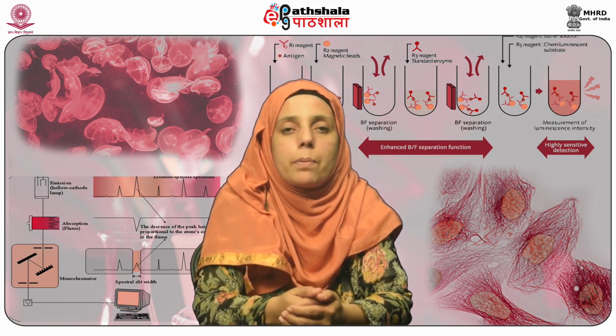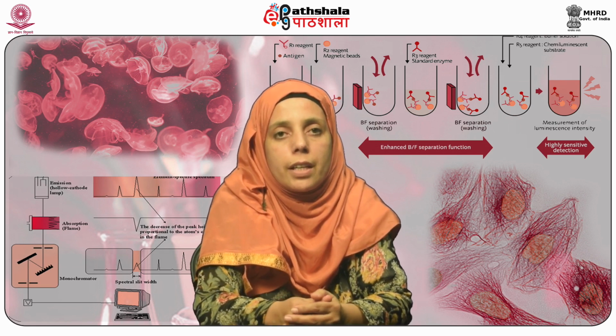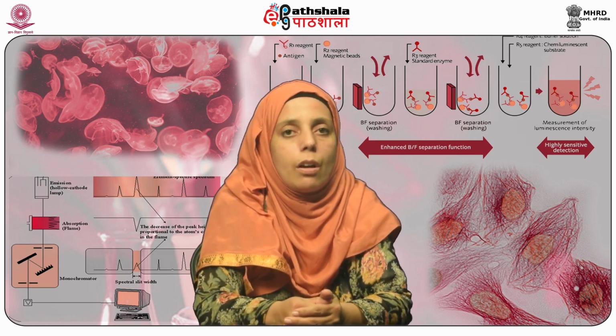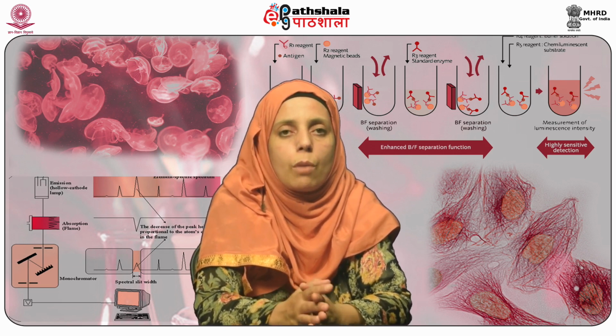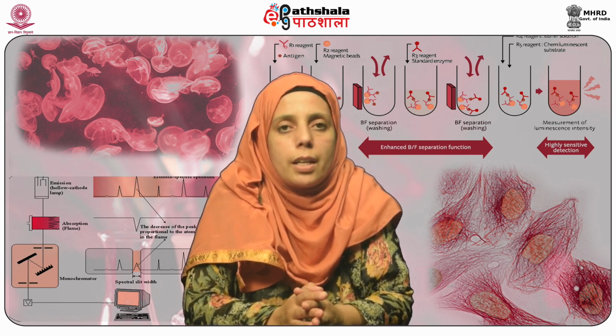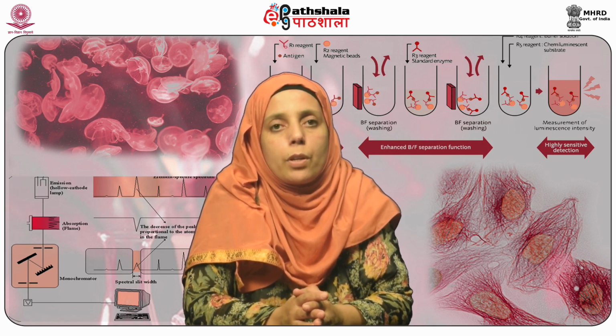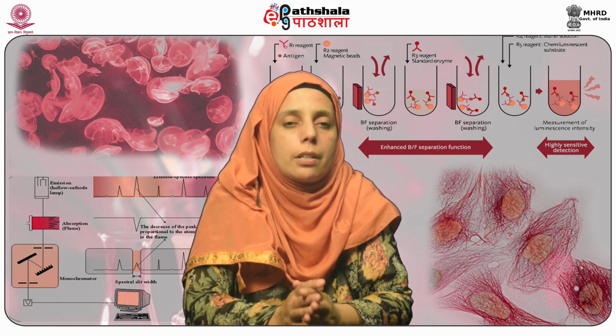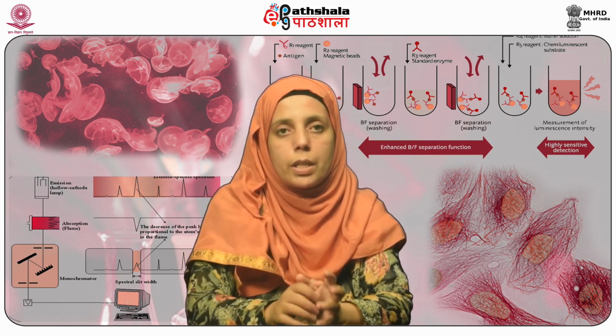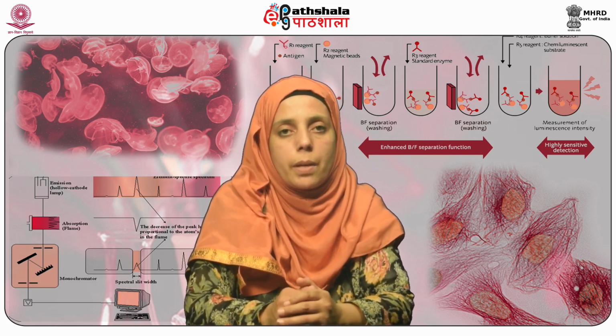The spectra can be presented on either a wavelength scale, that is nanometer, or a wave number scale, that is centimeter inverse. Most commercially available instruments produce spectra on the wavelength scale because they are easier to interpret visually.